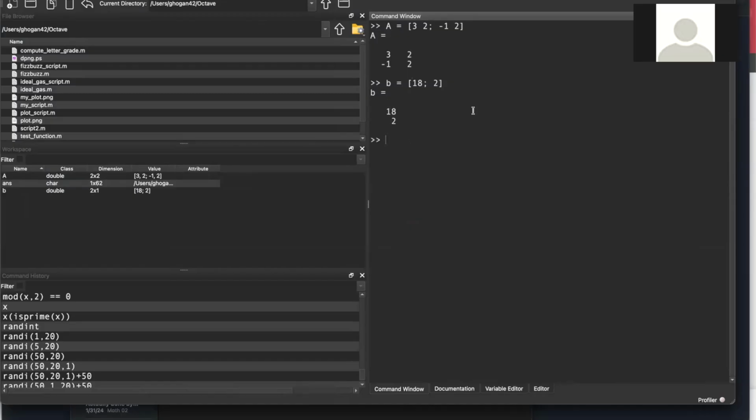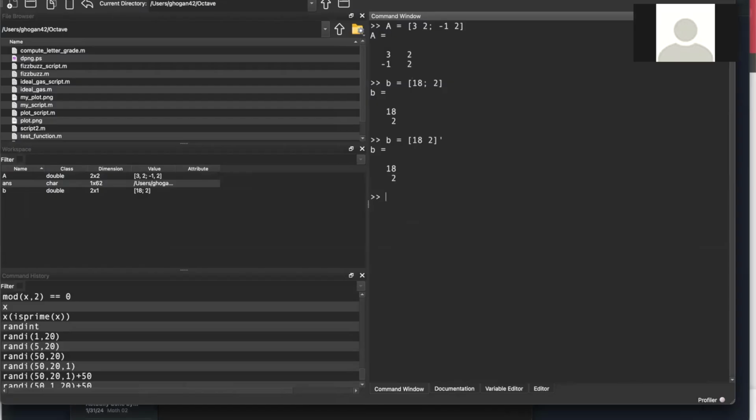Or you could type it in as 18, 2, and then you put an apostrophe on the outside, and that apostrophe is the transpose operator, which we learned changes rows to columns and columns to rows. So you do that, and you'll get a column vector just like that.